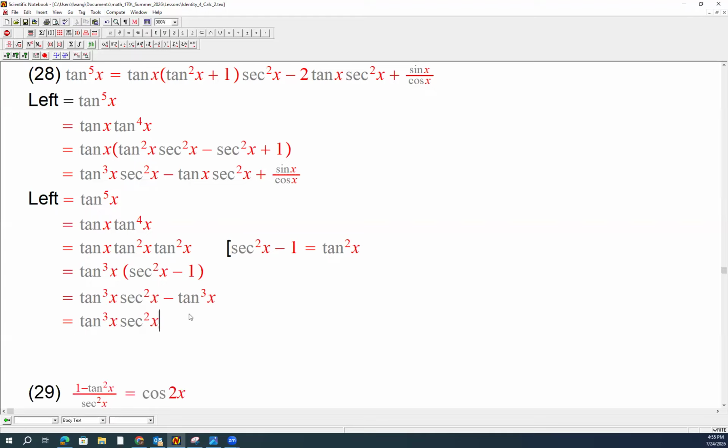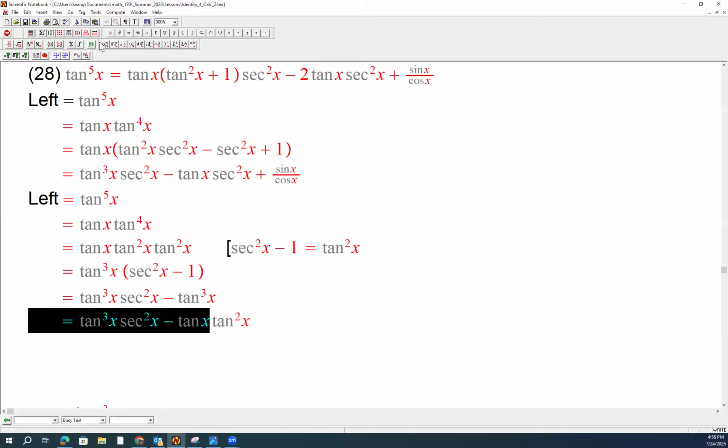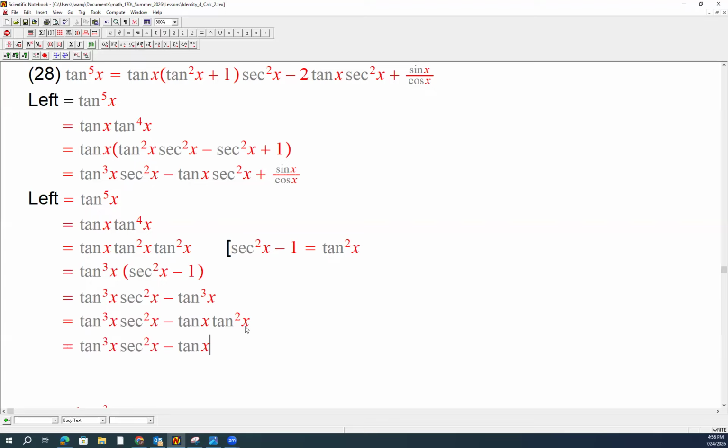Working on this tangent to the power 3 part, I'm going to write tangent x times tangent x squared, keep everything, but replace this tangent squared by secant squared minus 1.